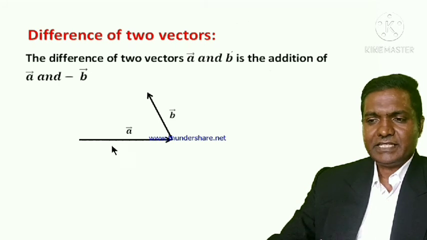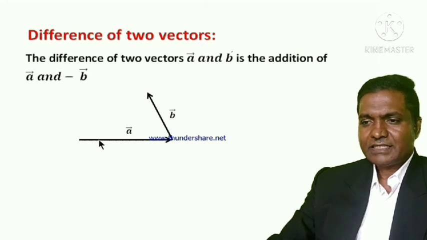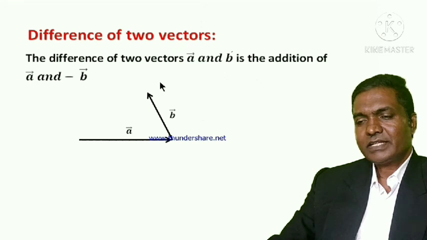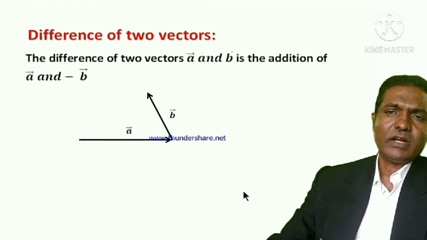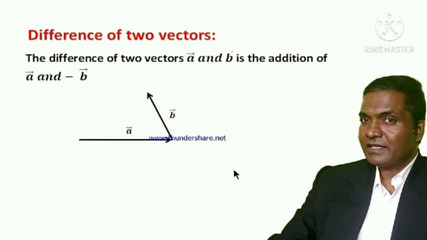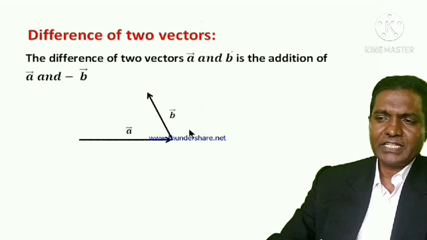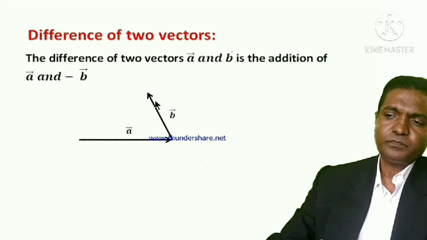Let's see. Here is a vector, vector A, and this is vector B. So what is the minus B vector? What is the negation of B, or the negative vector of B?